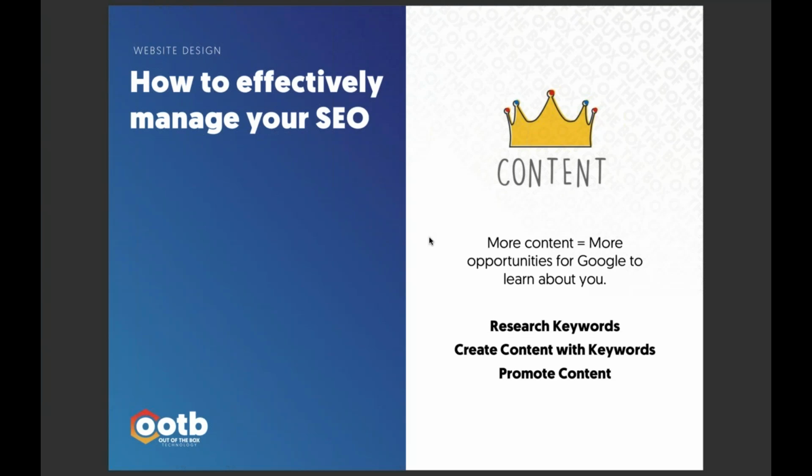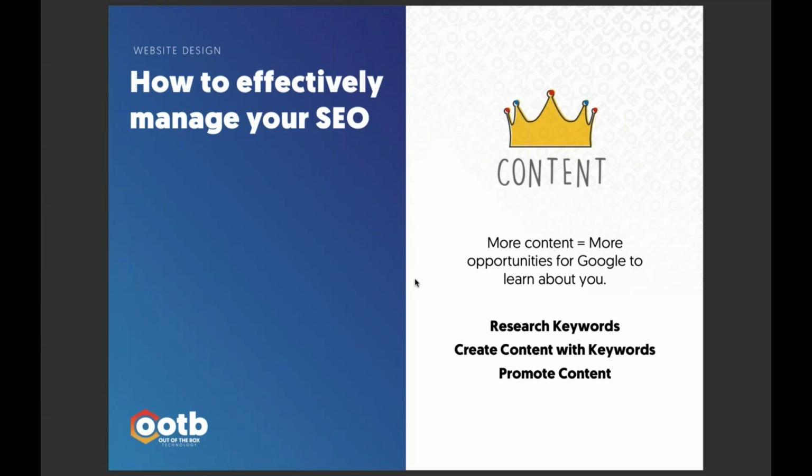So as you're building your content, your workflow should be researching the keywords first of all. And there's a lot of different methods you could use there, but basically think about your audience, and if they're going to buy something from you, what would they search on Google to find you?